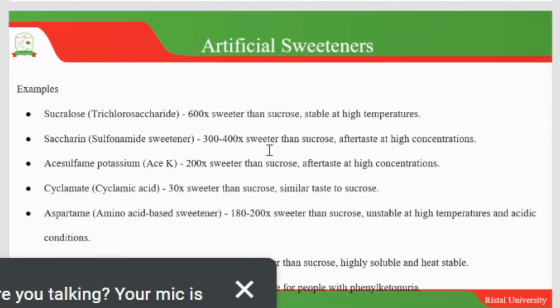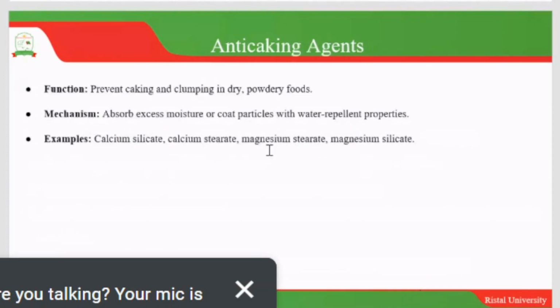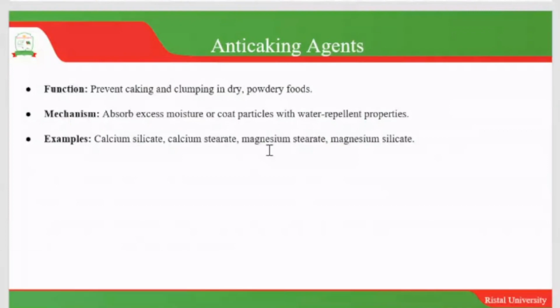Examples of these anti-caking agents as additives. Remember, we were looking at the technical functions of those small substances that you add to foods, being the definition of additives. So that mechanism, hopefully you've understood it. For the examples, we are looking at calcium silicate and also calcium stearate, magnesium stearate and also magnesium silicate.